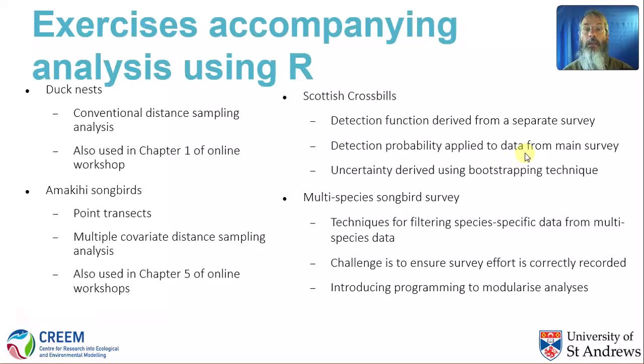And a second survey, called the main survey, is then conducted to collect data for the purpose of trying to estimate the size of this crossbill population. Because we actually have two distinct analyses being conducted, but we're blending those two analyses to produce our overall estimate of crossbill abundance, it's fairly challenging to try to properly measure the uncertainty associated with that survey.